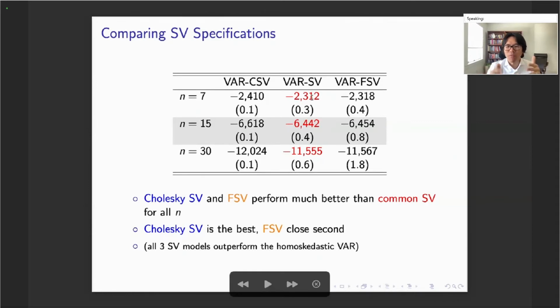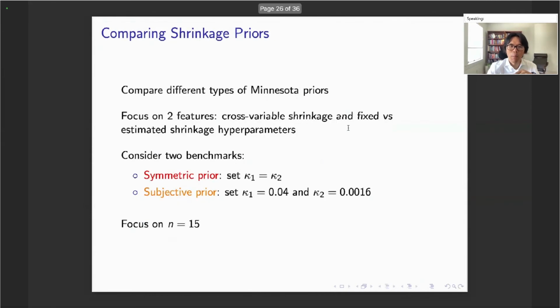But among the two more flexible SV models, factor SV and Cholesky SV, the difference is quite minor. The difference is 6 for the 7 variable VAR and a little bit more, 12, for the 15. So it seems like the factor stochastic volatility model is also very competitive.